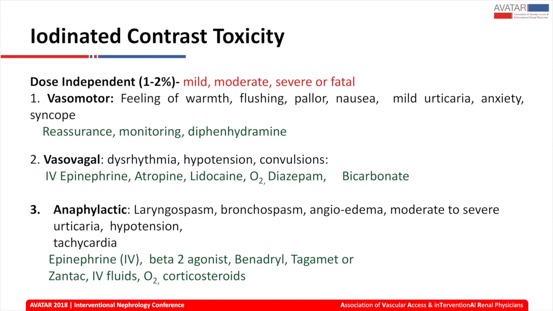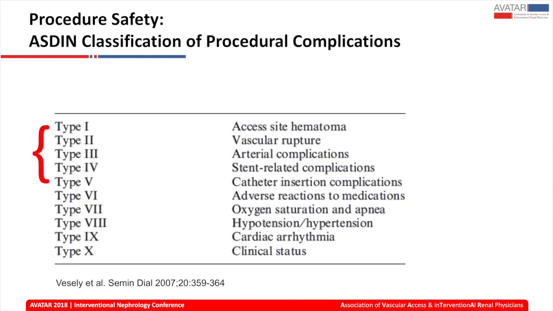And the third one is the most severe one, which is the anaphylactic reaction. Now you are into something serious with laryngospasm, bronchospasm, respiratory failure, urticaria and hypotension, and you may need corticosteroids as well as epinephrine and Benadryl and IV fluids sometimes to revive these patients. So you should be aware of all those risks. This is extremely, extremely important.